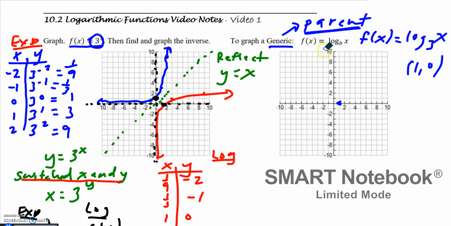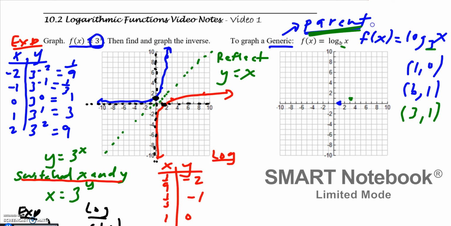Always. If there's no movement, if it's just a basic function, it'll go through 1, 0. Another point it'll always go through is your base, comma, 1. So in this case, because my base is 3, it's also going through the point 3, comma, 1. So my next point would be right here.